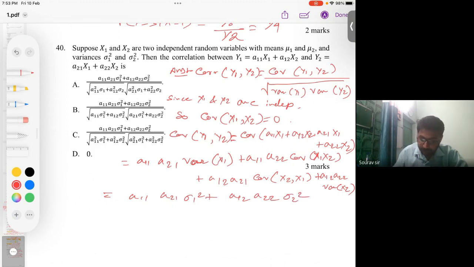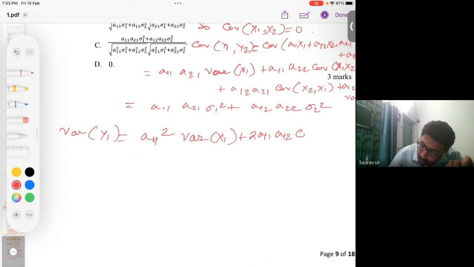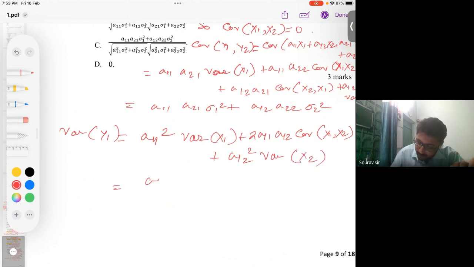Now the variance of Y1 is equal to a11 square variance of X1 plus 2 a11 a12 covariance of X1 X2 plus a12 square variance of X2, which is equivalent to a11 square sigma 1 square plus a12 square sigma 2 square.